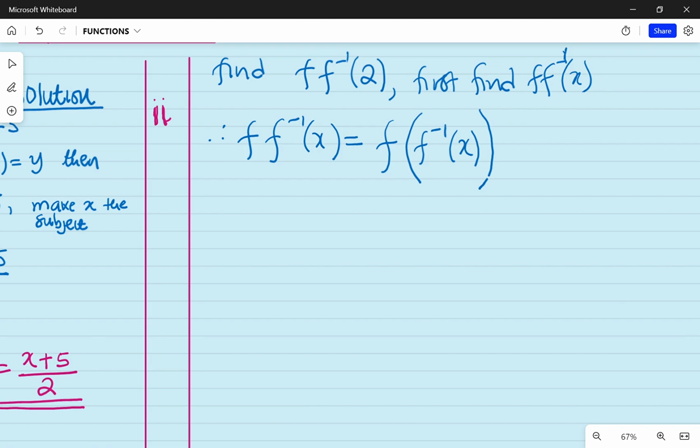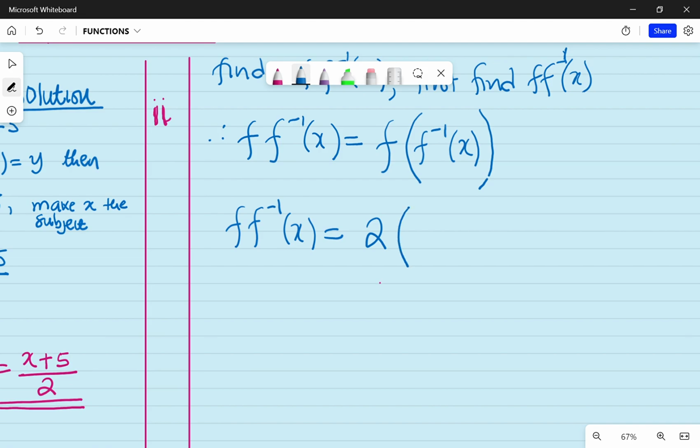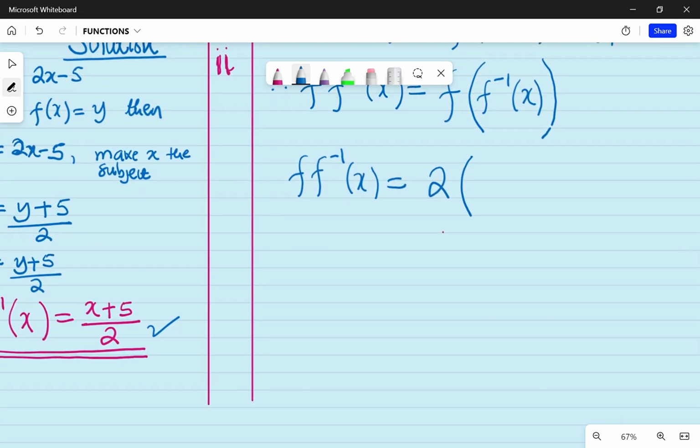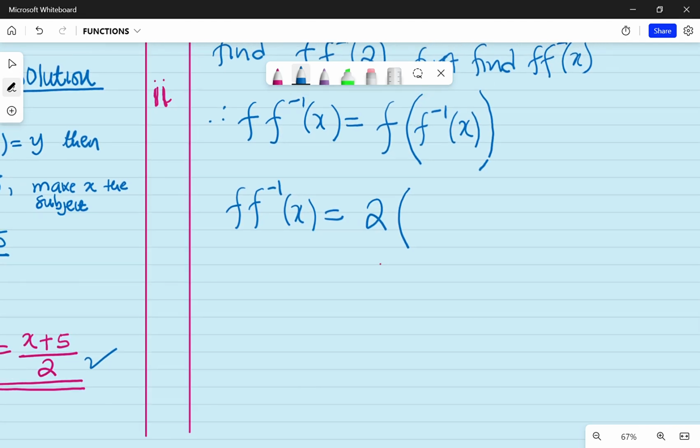So f of f inverse of x is going to give me 2 multiplied by my f inverse of x, which is x plus 5 over 2.